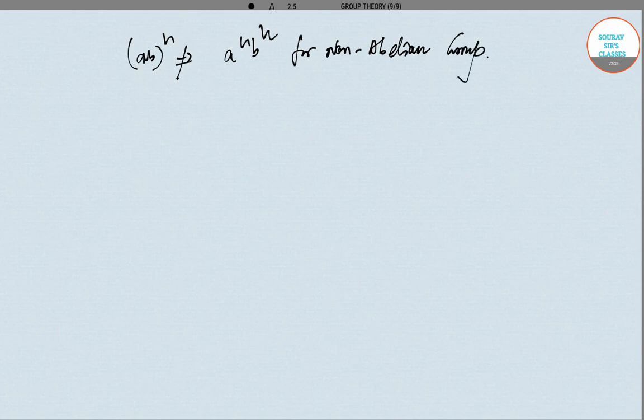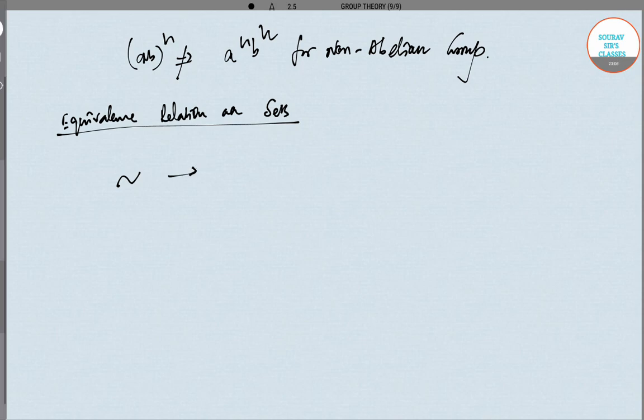Now, the basic portions of this area are done. Now we will go to some equivalence relation structure. Let S be a non-empty set. Then a relation is said to be an equivalence relation if it satisfies the following properties.